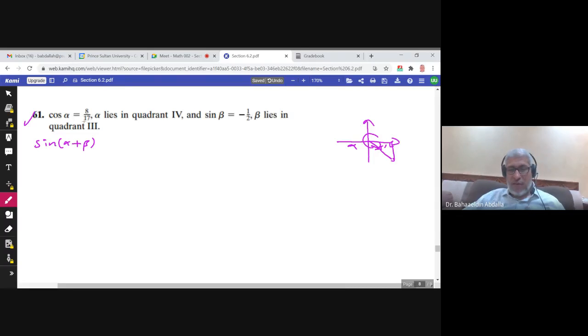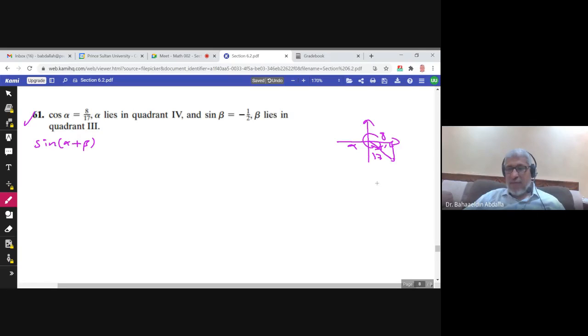We know the cosine. It is the adjacent over the hypotenuse. So the adjacent is 8, and the hypotenuse is 17. And we need to find the opposite side. Keep in mind that the opposite is negative because y in the fourth quadrant is negative.